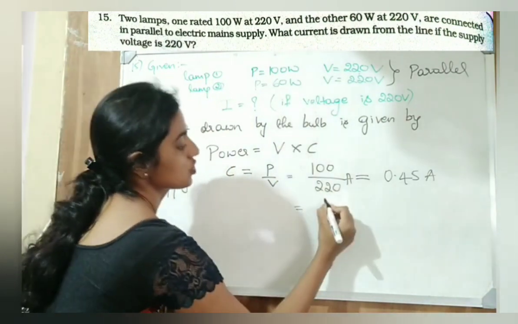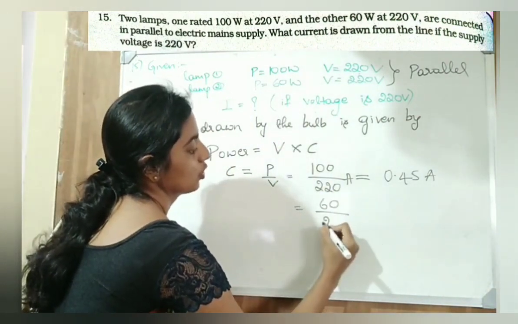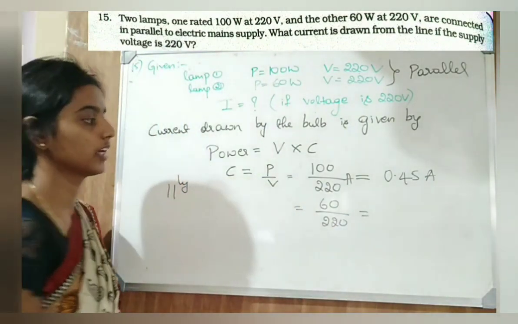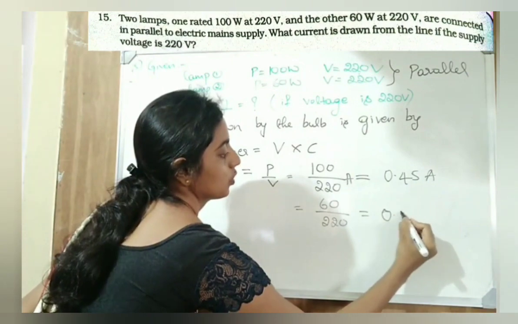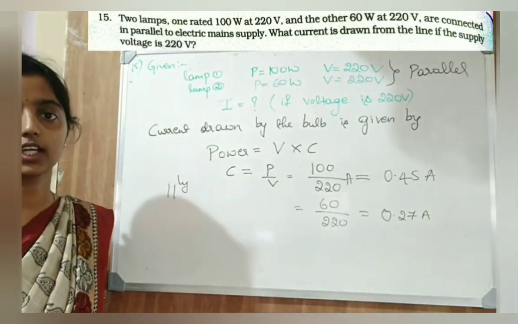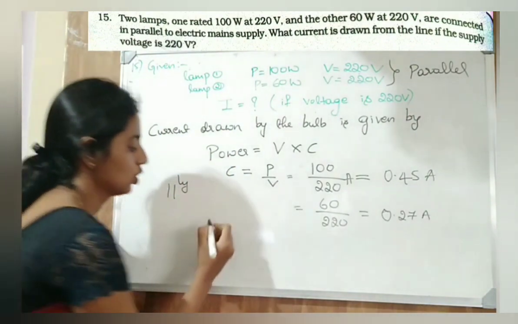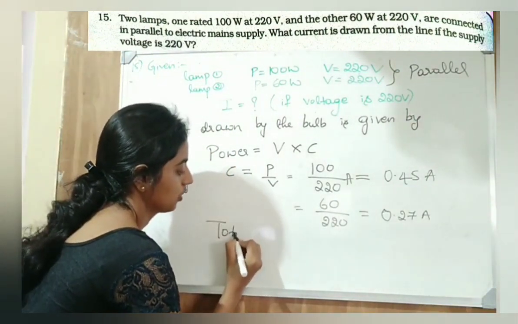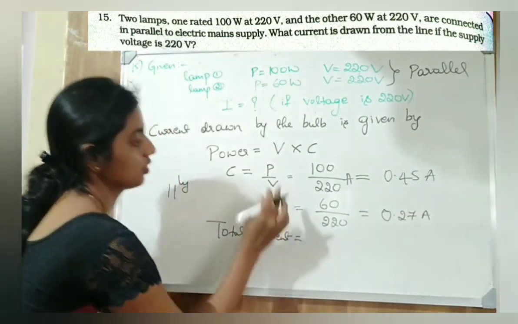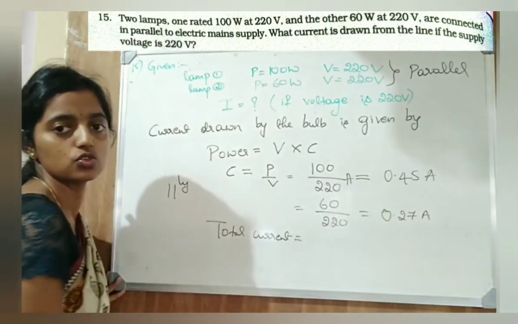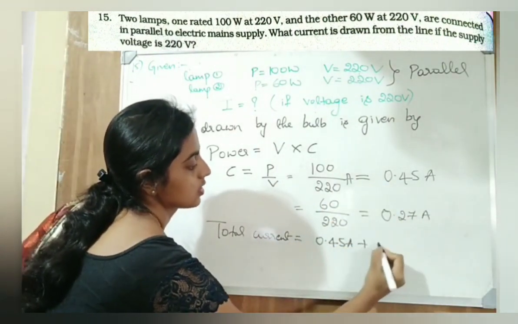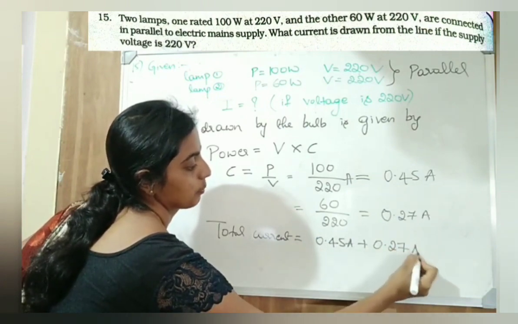Similarly, we need to calculate for the second lamp also using the same formula. Substitute 60 divided by 220. How much will we get? Calculate and see. We will get 0.27 ampere. Now we need to find the total current. Total current equals the sum of these two currents, that is 0.45 ampere plus 0.27 ampere.